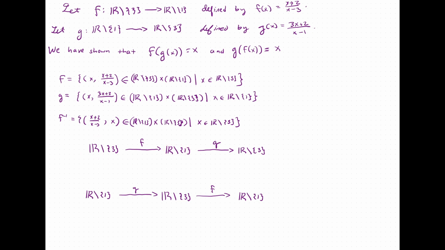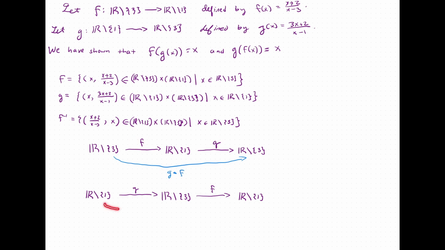And then we have g, who has domain, real numbers minus 1, and then outputs real numbers minus 3. When we take the composition, we are really taking essentially this arrow. So we're going from here to here, and we have g composed f. And so just the way we interpret this, we do f first, then g. And so that's our composition.